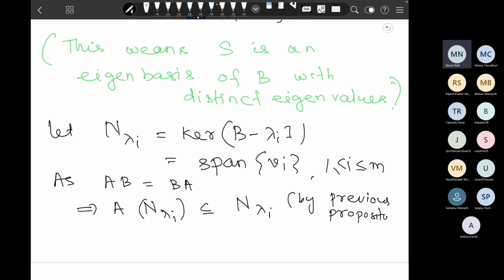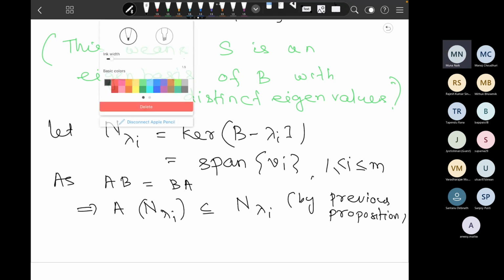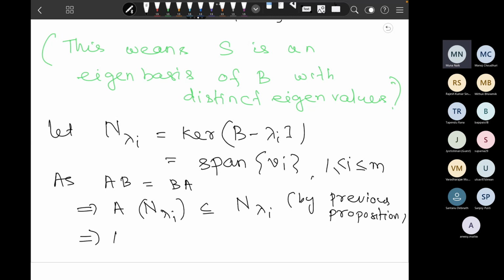Okay. So that means what? That means A v_i is equal to μ_i v_i, because N(λ_i) is spanned by just v_i. So this μ_i should belong to where?